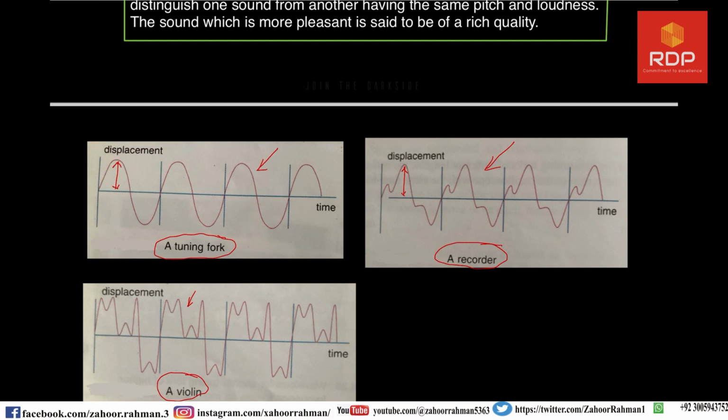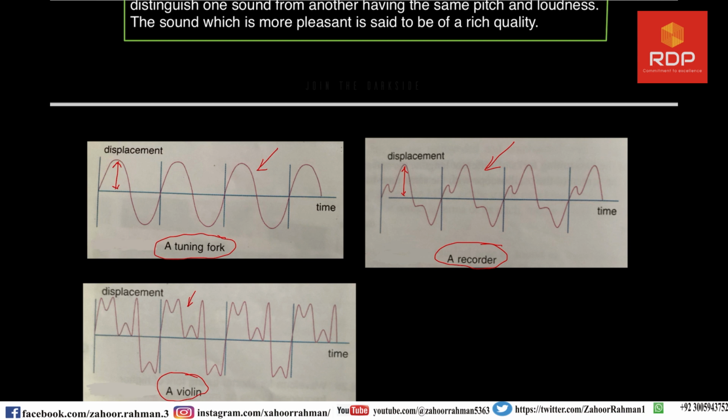Why? The sounds produced by musical instruments are made up of a fundamental frequency with many harmonics of higher frequency superimposed or added. Different instruments give different numbers of harmonics, which when added to the fundamental frequency produce different waveforms to give the characteristic quality to the sound produced from each instrument.